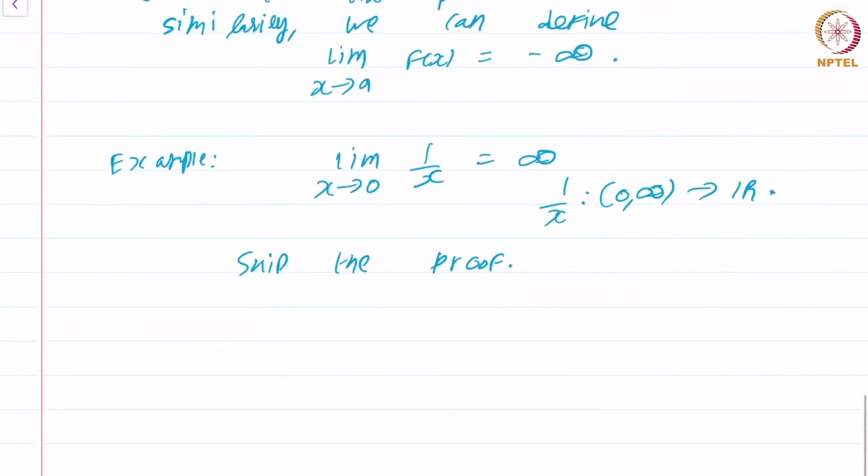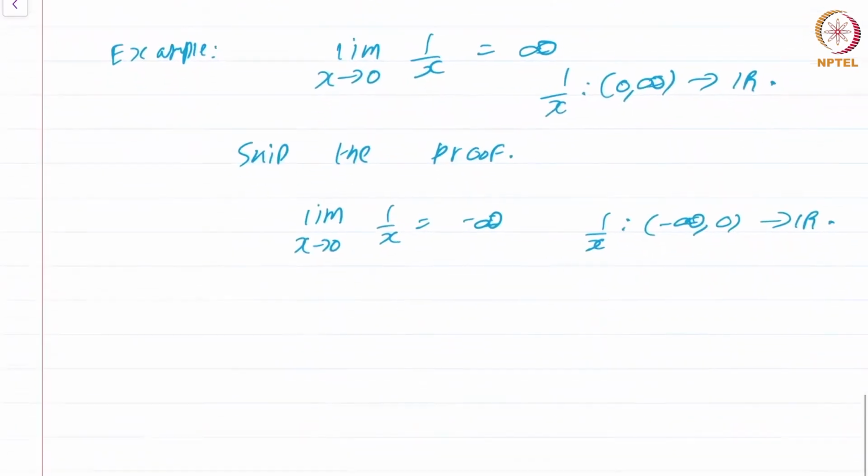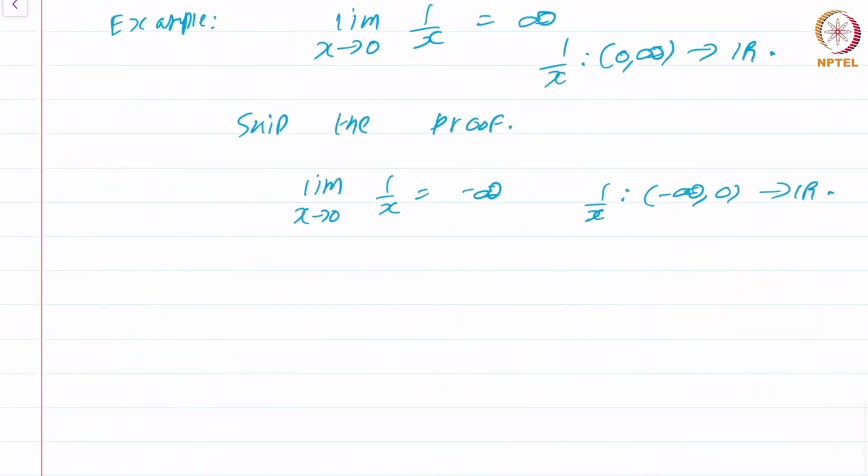Okay. Similarly, limit x going to 0 of 1 by x is minus infinity, when 1 by x is defined from (minus infinity, 0) to R. That proof is also entirely similar. So final definition, and this I'm going to use the full force of language.